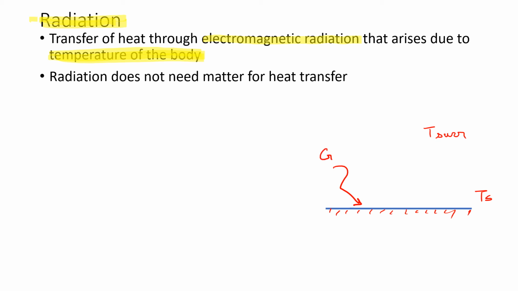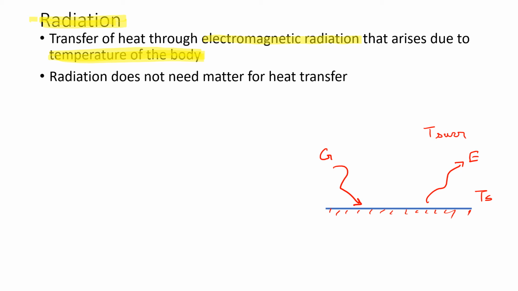But for radiation, if a body has a certain temperature, it will emit electromagnetic radiations due to the temperature. And radiation does not require any material or matter for heat transfer. So let's understand radiation with a simple example.